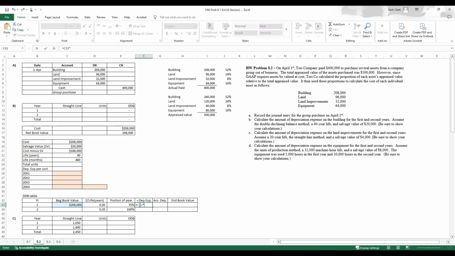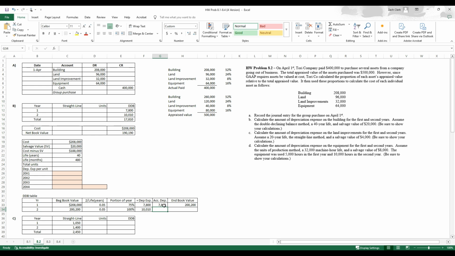And then we take all 3 of those multiplied together. We can drag that down so it does the same. It'll fix itself in a minute. Accumulated depreciation is the same as depreciation expense for the first year. And then we take cost minus accumulated, and we bring the ending book value down to be the beginning.